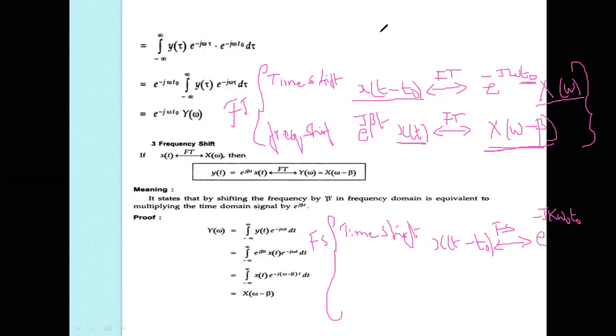So without confusion, don't write omega naught here, it's omega only. And x of k. See here it is similar, t minus t naught, but for a Fourier series, it is e power j k omega naught into t naught. As k omega naught here, it is omega. X of omega is the frequency in the Fourier transformation. X of k is the frequency in the Fourier series.